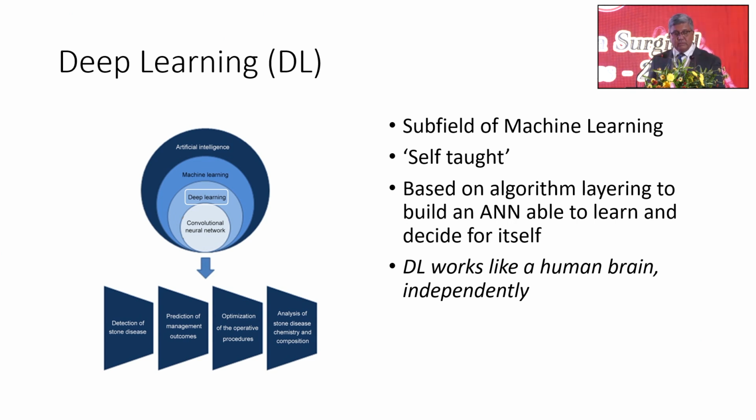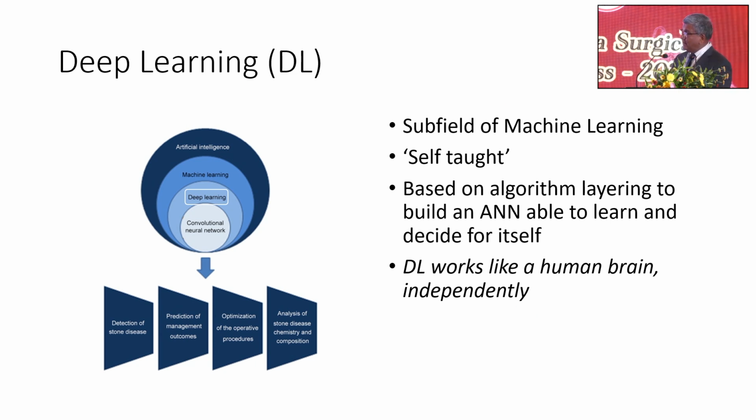Then we move on to deep learning. So this is a subfield, as you can see, of machine learning. This is self-taught. This is the computer kind of getting smarter. So this is based on algorithm layering. So the team helps the computer generate an artificial neural network, which then works independently because it's got the wherewithal within itself to actually start thinking autonomously like a human brain.